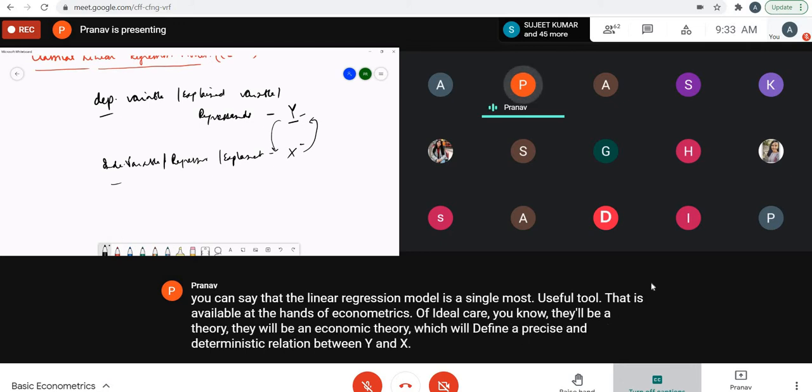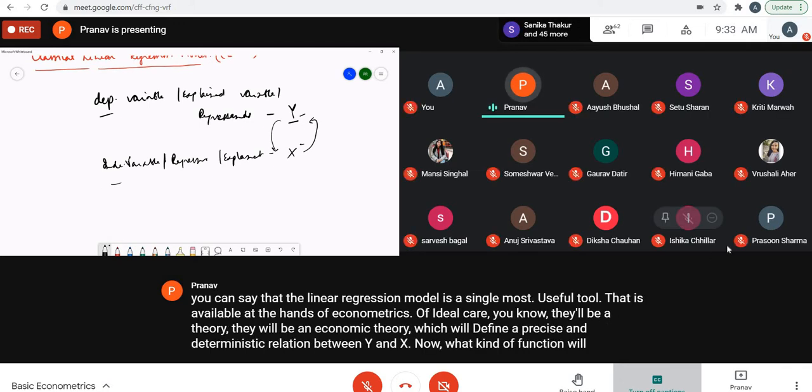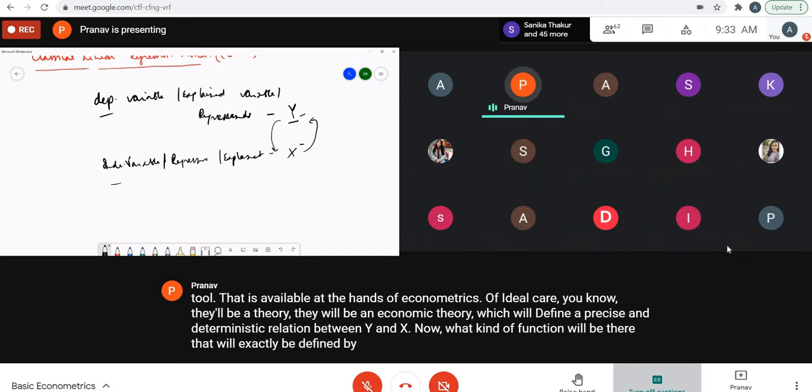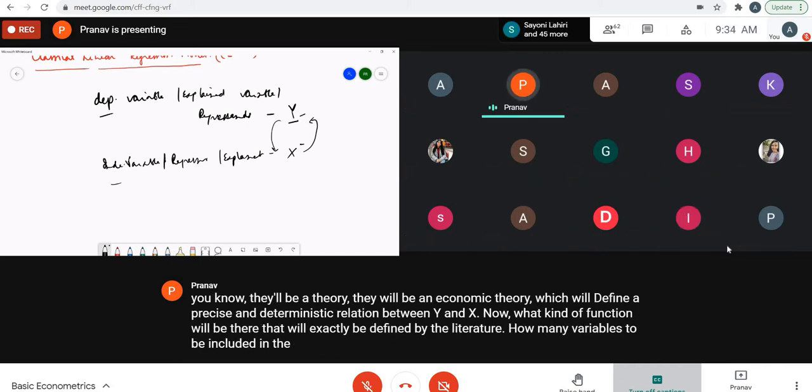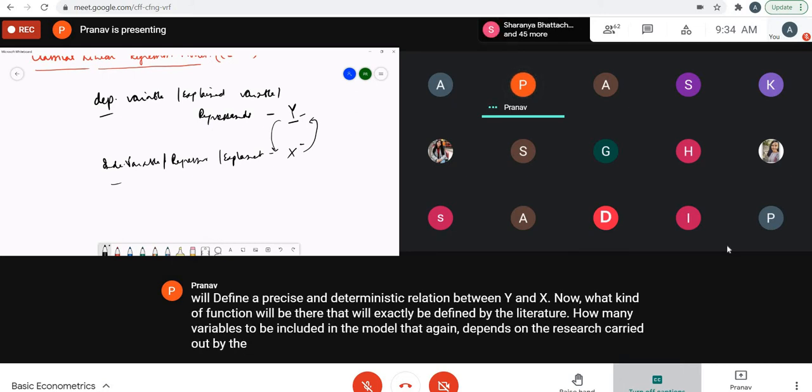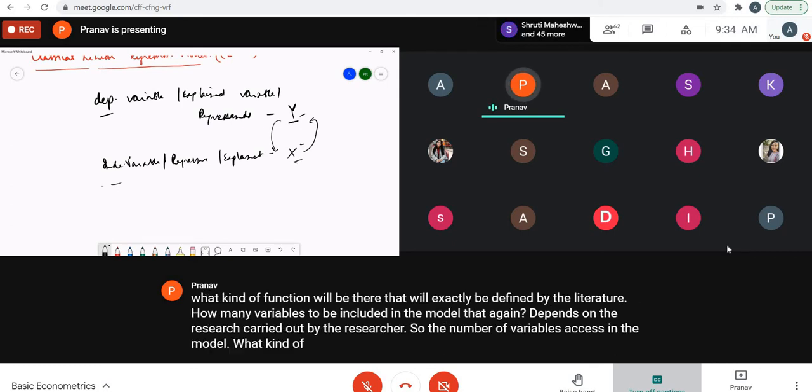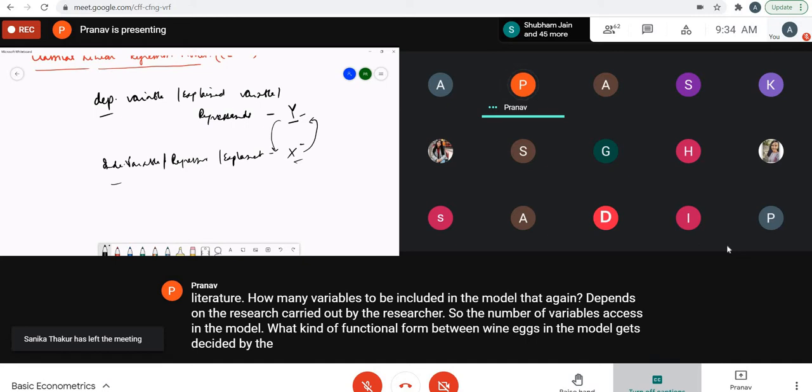Now, what kind of function will be there will be defined by the literature. How many variables to be included in the model? That again depends on the research carried out by the researcher. So the number of variables, x's, in the model, and what kind of functional form between y and x in the model gets decided by the researcher himself or herself.